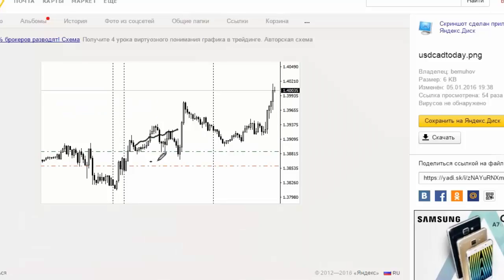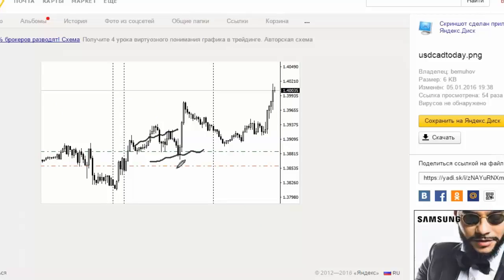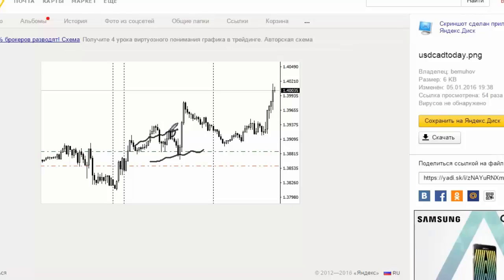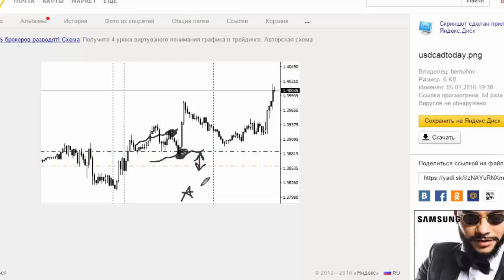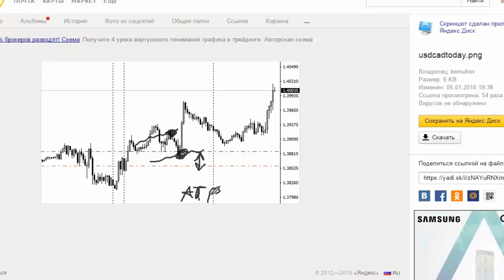I had envelopes here. And I have entered the position using envelopes here. And it was 1.3882, I believe, and my stop loss level was equal to 30 pips. I was using ATR for setting my stop loss level.